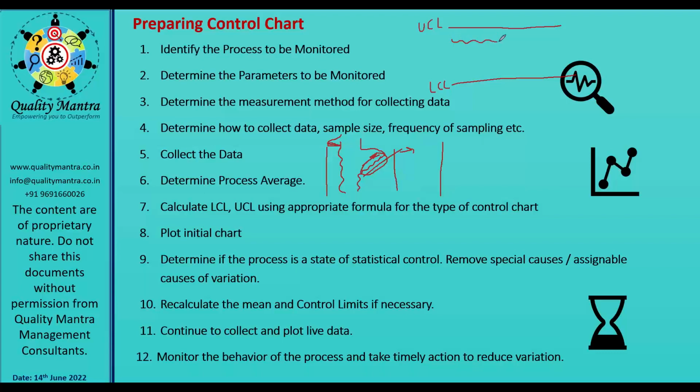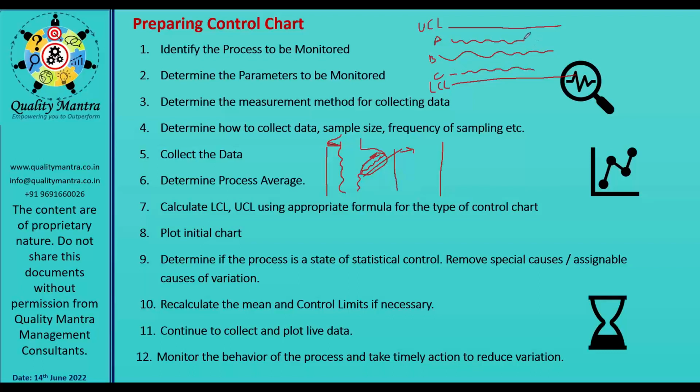One person is driving here, another person is driving here at the center with the same variation, and another is driving here. This is A, this is B, and this is C.